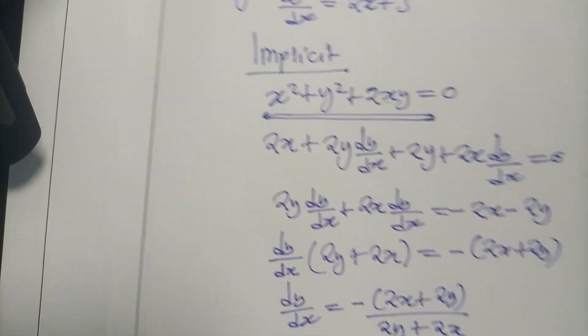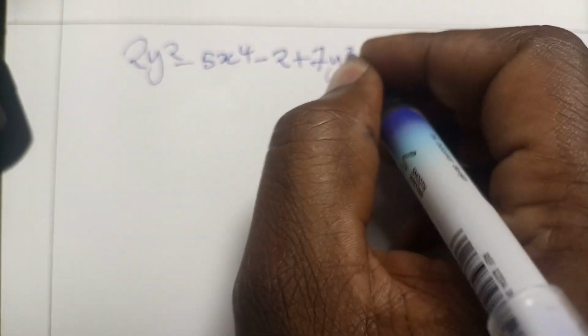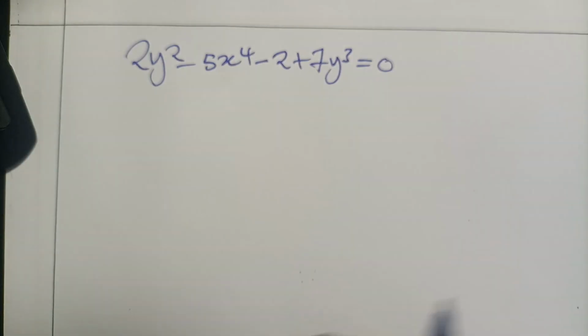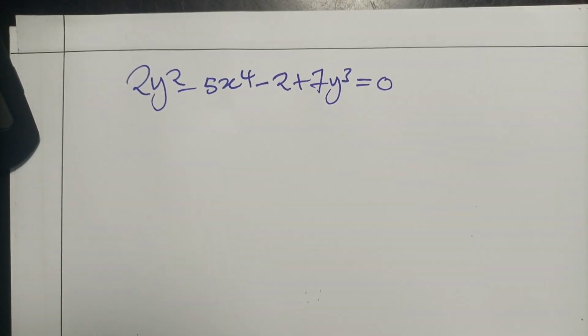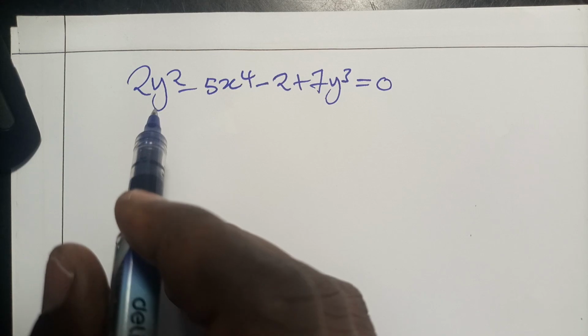Let me give another example of an implicit function. The example I can give is 2y squared minus 5x to the power 4 plus 7y to the power 3 is equal to 0. Find dy/dx. To find dy/dx, let's differentiate the first variable here, y.